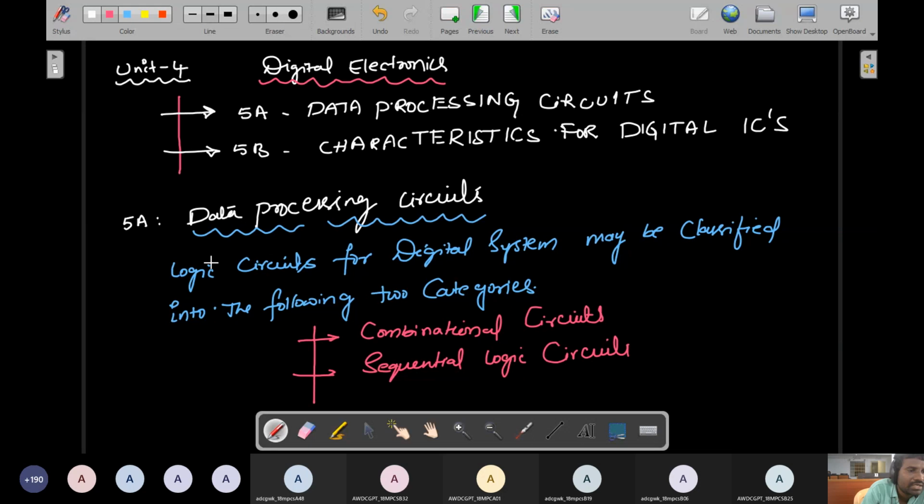Generally, these data processing circuits are nothing but logic circuits. Now it is digital electronics, so we are studying in IC formats. The logic circuits for a digital system may be classified into two categories: combinational circuits and sequential logic circuits. Everybody please note, right now we are studying combinational circuits, because combinational circuits are very important.